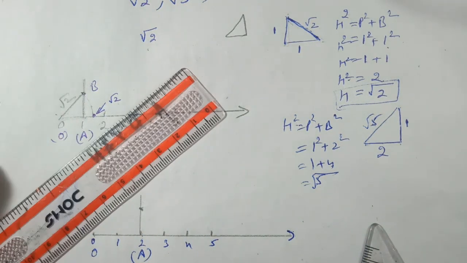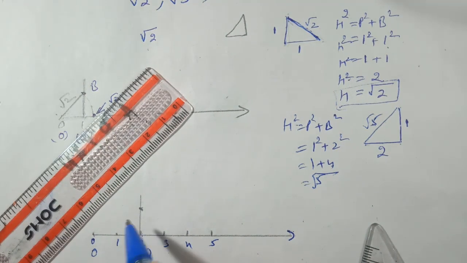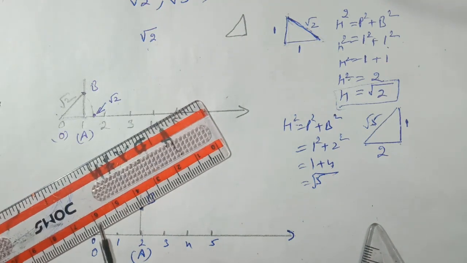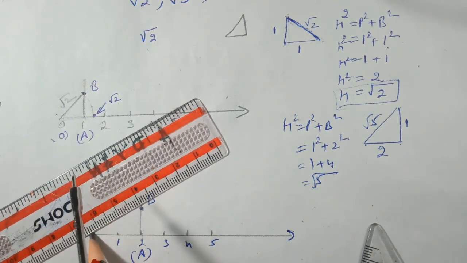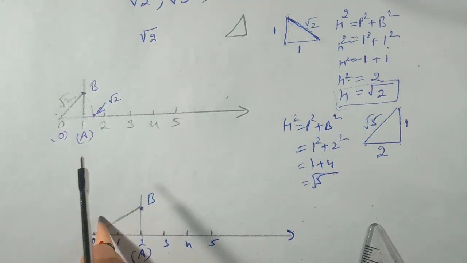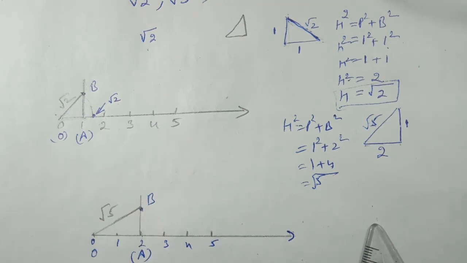Now let this point be B, and join O and B using the scale. With the help of the scale, join these 2 points. Now this OB measurement is denoting root 5. We have to represent this root 5 on the number line.